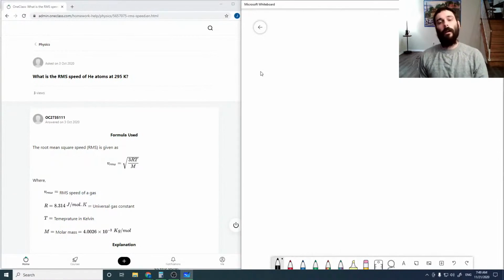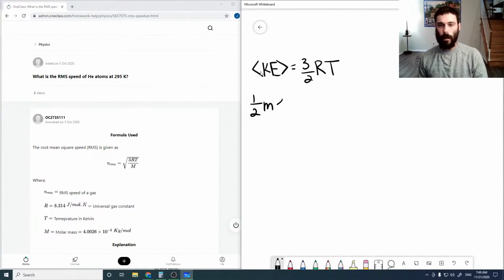Our RMS speed just comes from our relation that our average kinetic energy is 3/2 RT, but our average kinetic energy, at least for a collection of similar masses, is 1/2 mv squared, where v here is our average speed, or our RMS speed. And so we can solve for our speed by rearranging this.